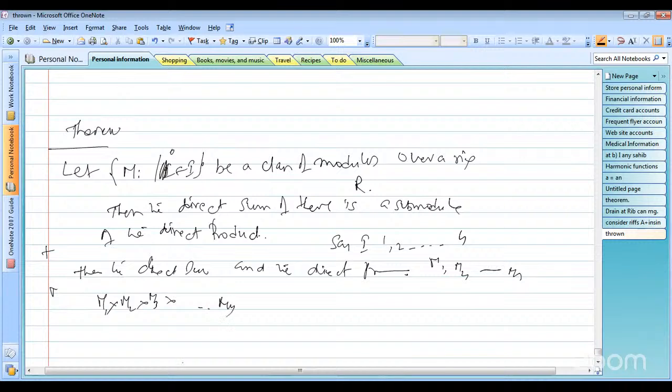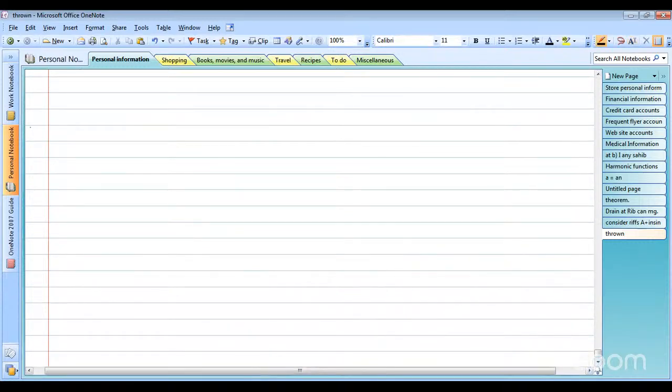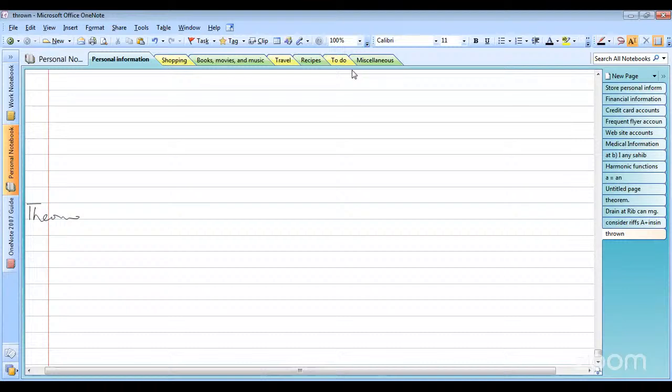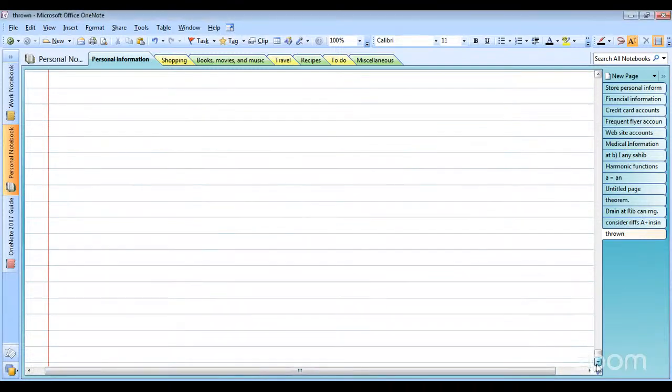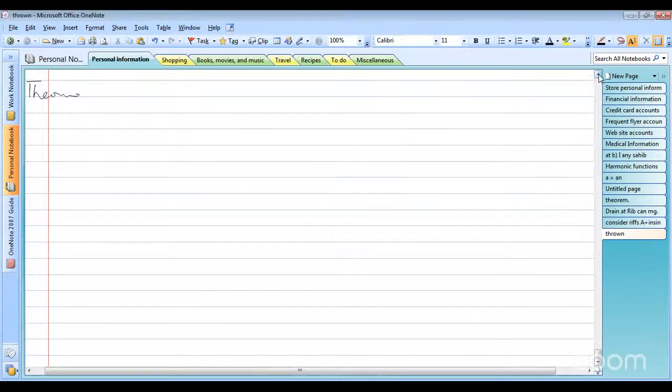So this is also we have to learn, the earlier theorems and the proofs of the same Cartesian products. This one theorem we have to learn here today.